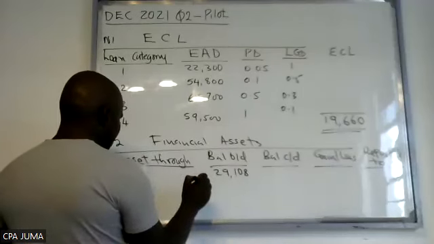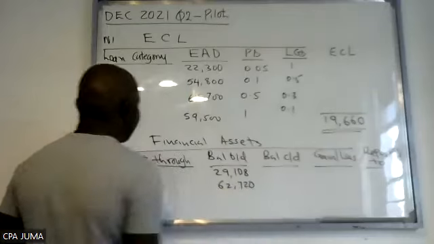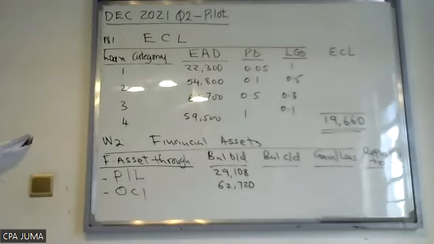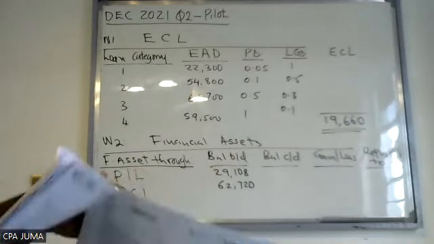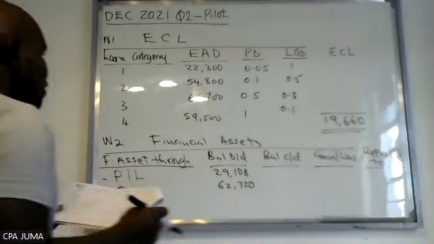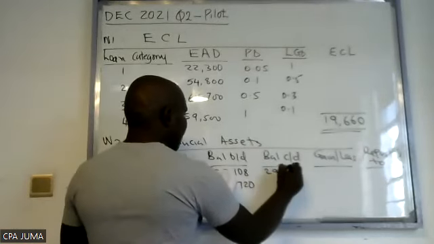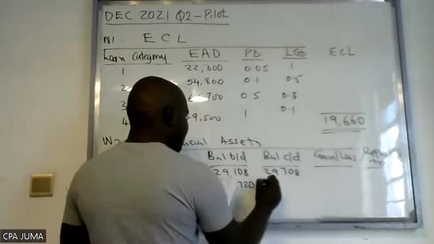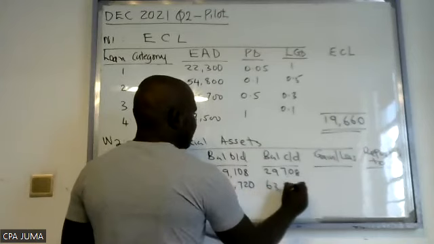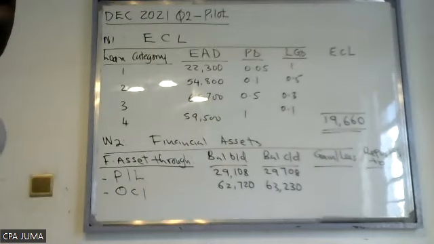This is 62,720. Those are the opening. Then at the end of the year are the ones they are talking about in note number 4: 29,708, 63,230.